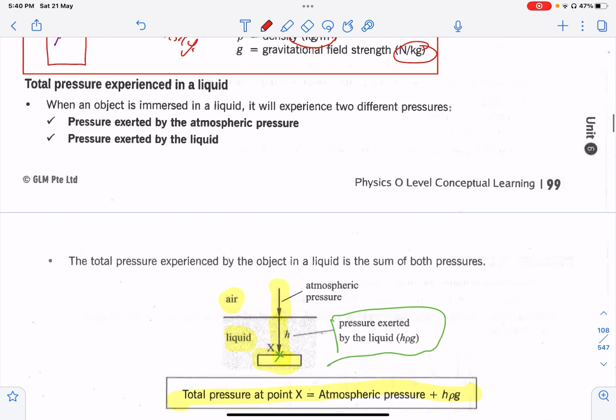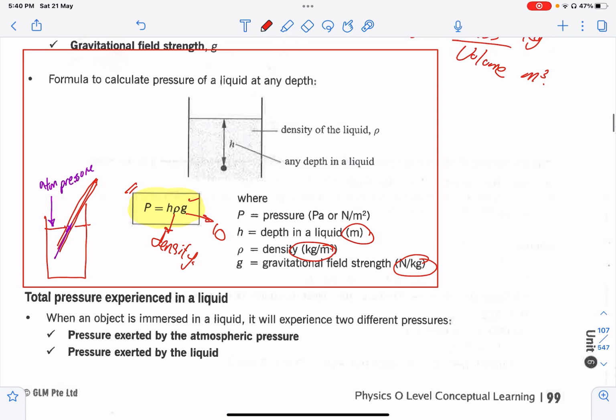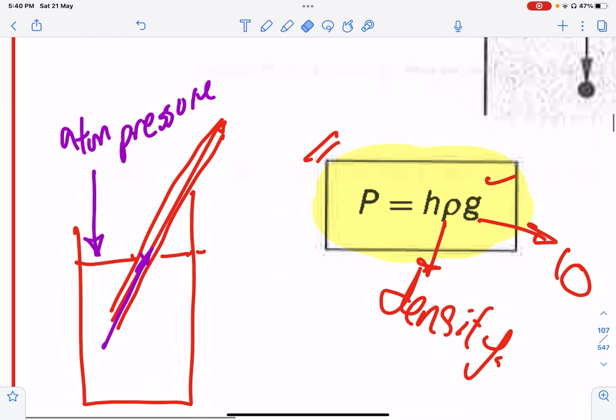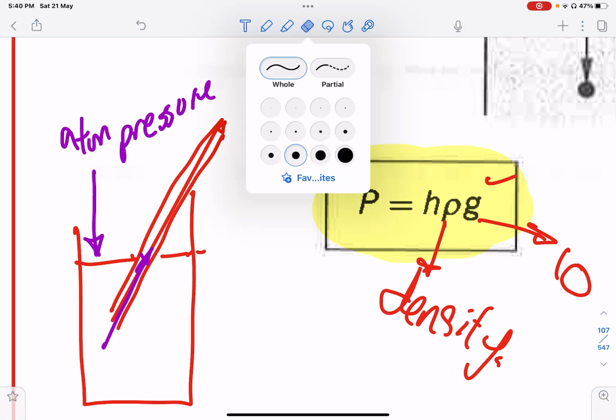The total pressure experienced in a liquid, when an object is immersed in it, comes from two different forms of pressure. One is pressure exerted by the liquid itself. The second is exerted by the atmospheric pressure. Let me give you a simple scenario of a drinking straw.